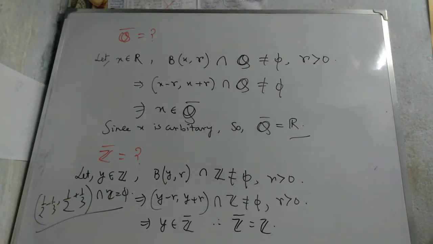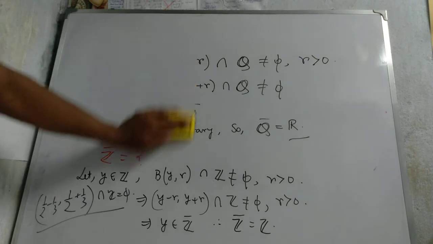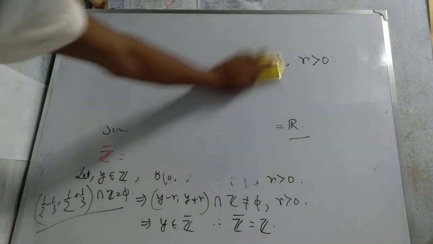So we can't consider any number other than those in Z. So the closure of Z equals Z. Now we go further to an example.